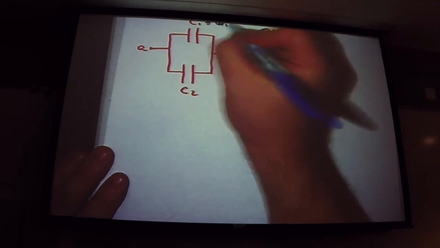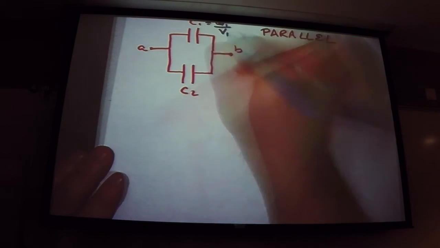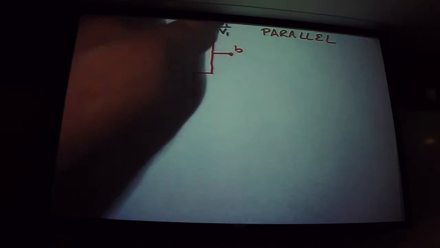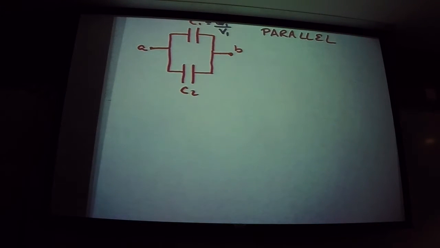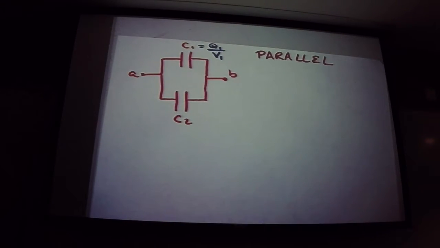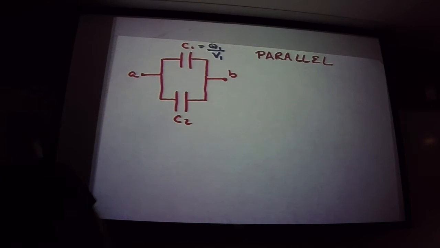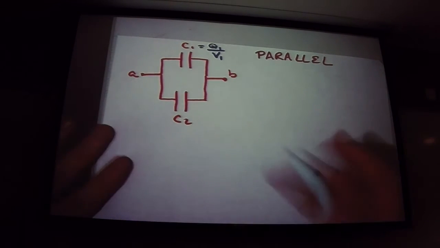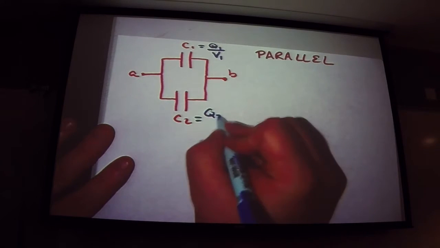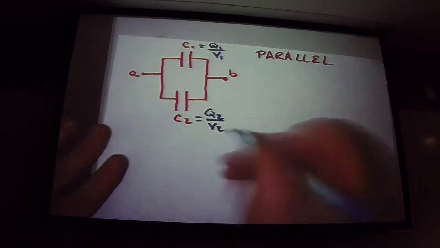There's a charge on that capacitor, and there's a voltage on that capacitor. And so C1 is equal to Q1 over V1. And that's always going to be the way it is. So when we start writing those subscripts 1, we're talking about the charge just on that capacitor and the voltage just across that capacitor. Down here when we talk about C2, that's always going to be equal to Q2 divided by V2.